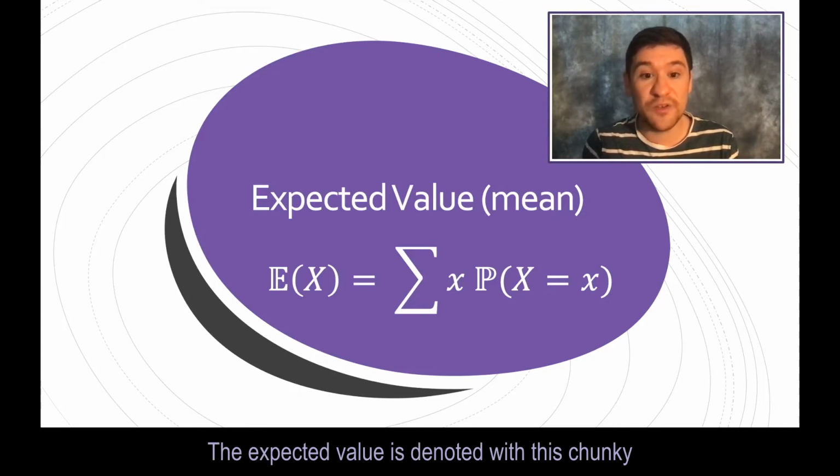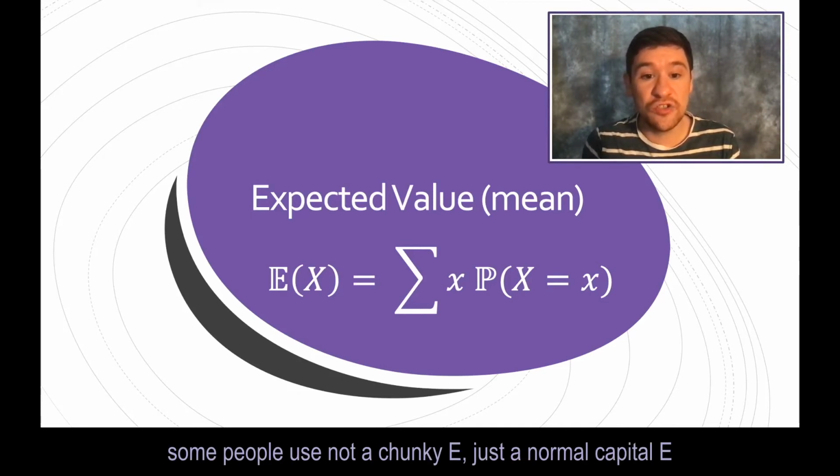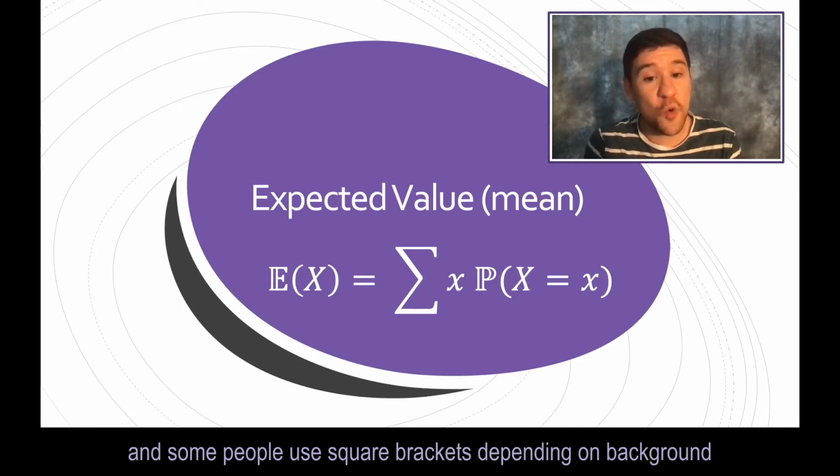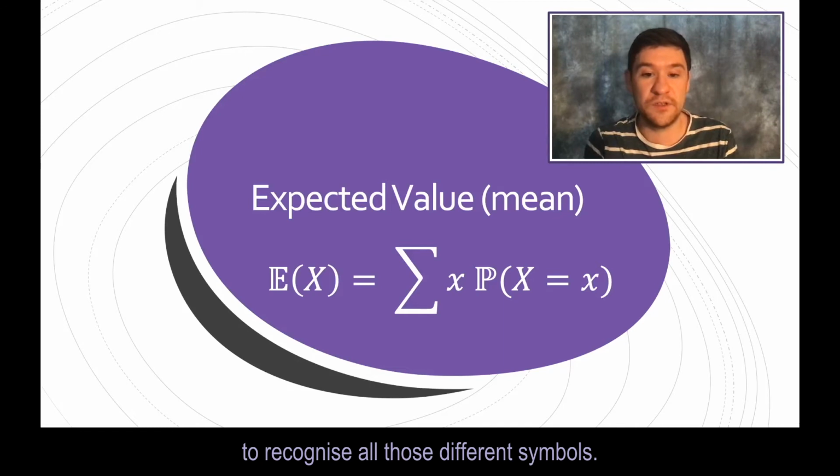The expected value is denoted with this chunky E with brackets around the variable X. Some people use not a chunky E, just a normal capital E, and some people use square brackets depending on background. It's just useful for you to recognize all those different symbols.